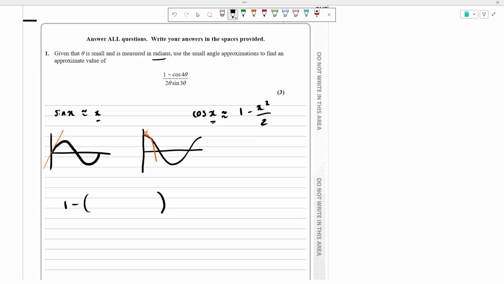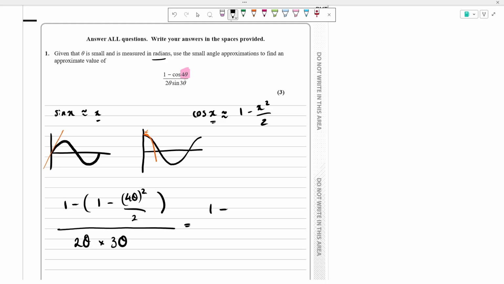So instead of x, I'm going to put 4 theta all squared, divided by 2 theta on the denominator, which stays the same. For sine 3 theta, we use the identity, so we end up with just 3 theta. Let's start to simplify.